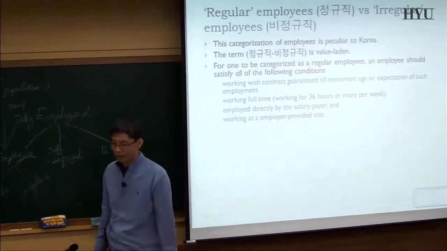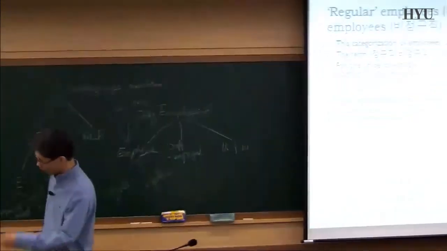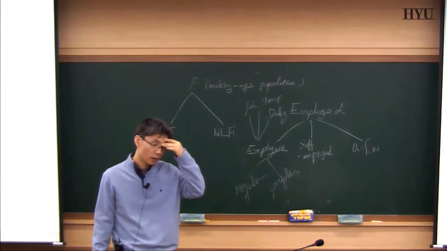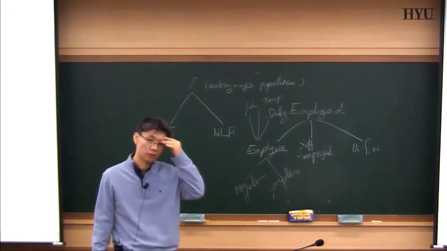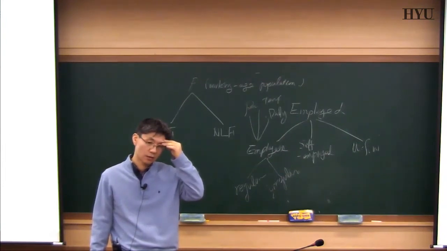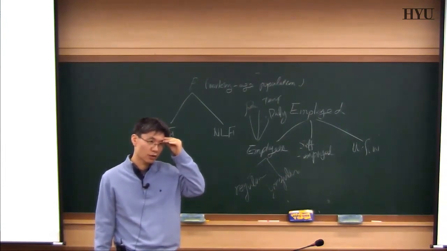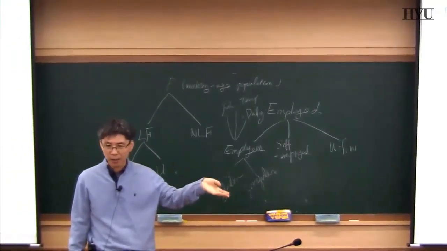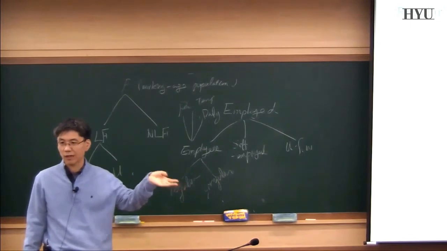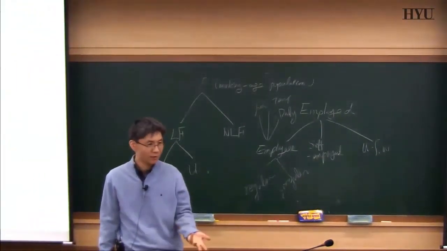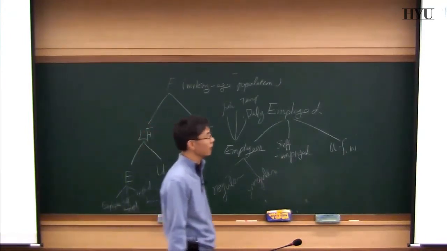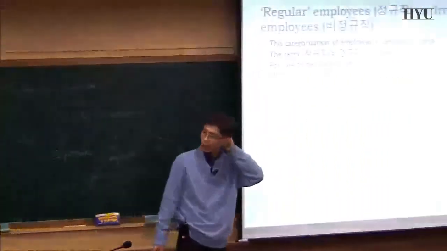What it means is some people get paid by a company but are dispatched to work somewhere else. For example, the janitors on this campus are not hired by the university. They work in the university, the workplace is the university, but the university is not the salary payer. So those people are not regular employees.